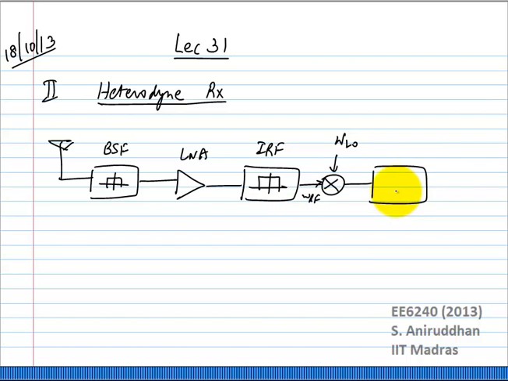Remember that the actual channel selection may or may not be done in the baseband. You can choose to do it in the analog also. Nothing prevents you from doing that. But I'll just say some filtering. Some filter here. Maybe some programmable gain.